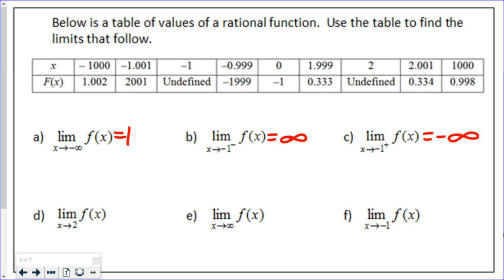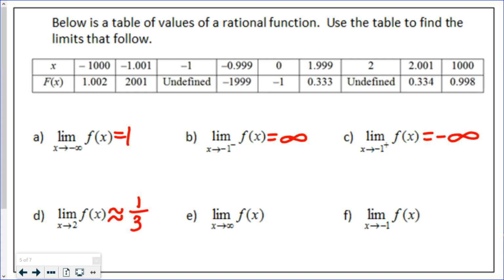As we approach from the left-hand side, it approaches this value here, which is what? 0.3333, approximately a third, right? That's what it's looking like to me. And then what happens when we go from the right-hand side to 2? It is also going to approximately a third. So the limit is the same on both sides. 1/3 is a real number. So the overall limit at 2 exists, and it's 1/3.